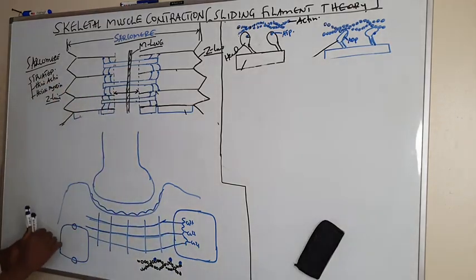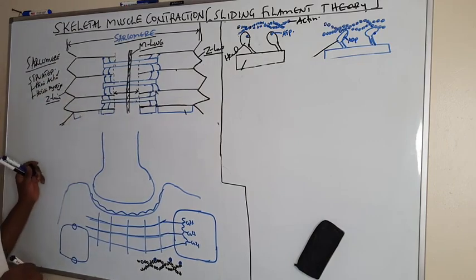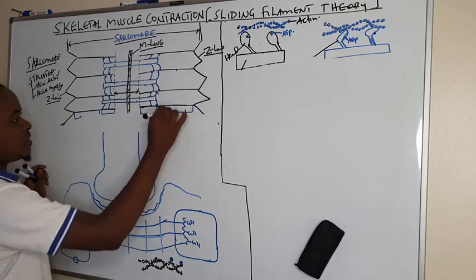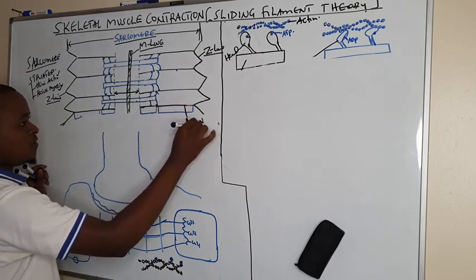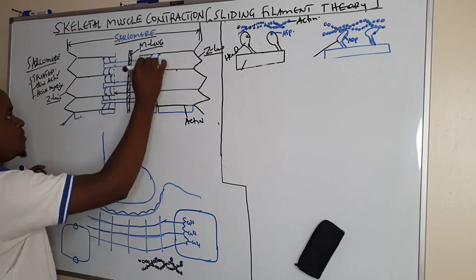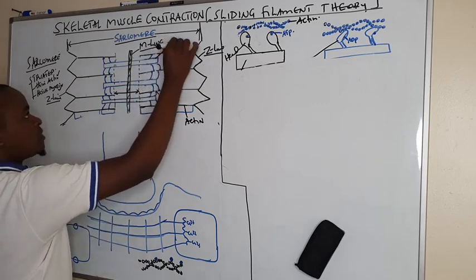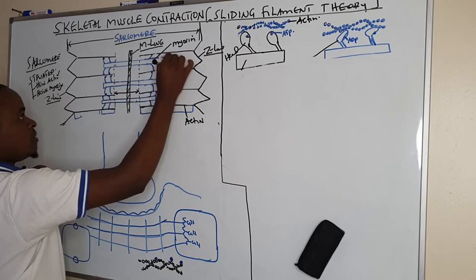And this sarcomere, which contains the thin actin and the thick myosin, so this is the actin filament, whereby then this one becomes the myosin, and this myosin has what we call the myosin head.